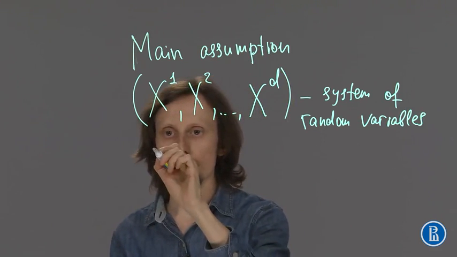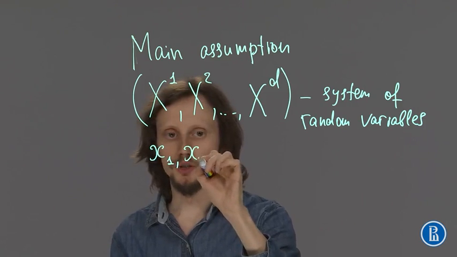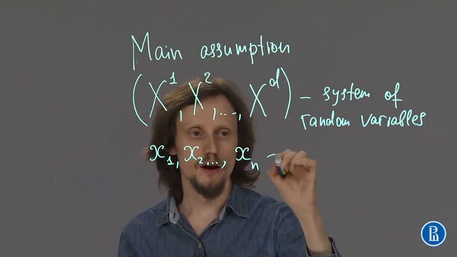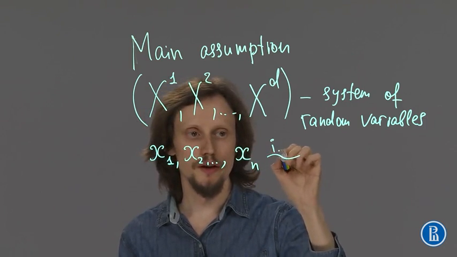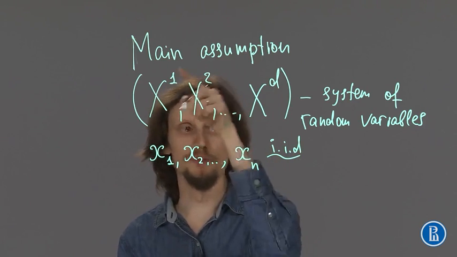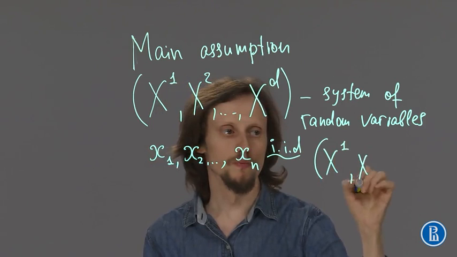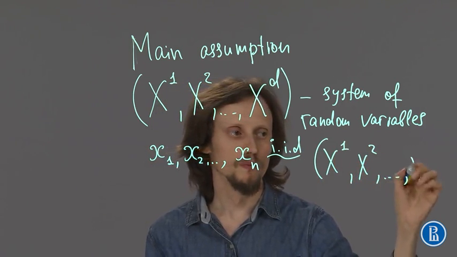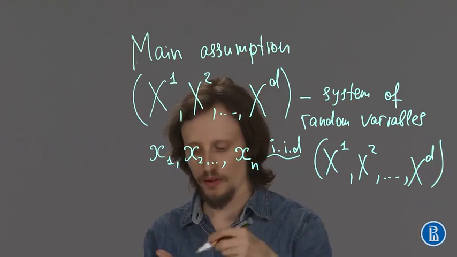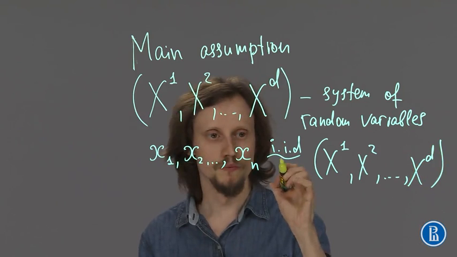So we can say that our observations x1, x2, and so on, xn are independent and identically distributed with the distribution of this system. This means independent and identically distributed.